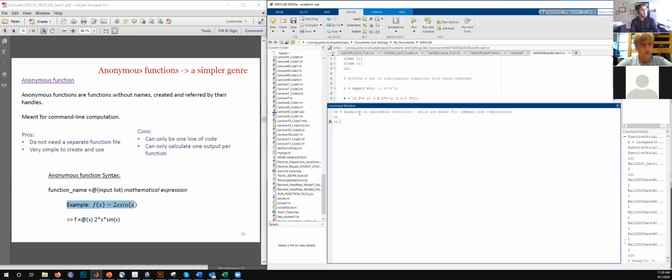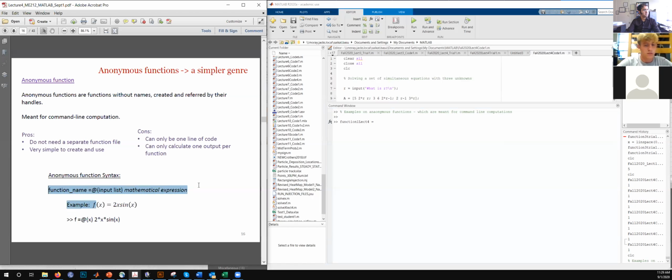Okay, so let's think about this particular function now. Let's call it f1. Let's call it function 1, lecture 4. And this is the syntax over here.